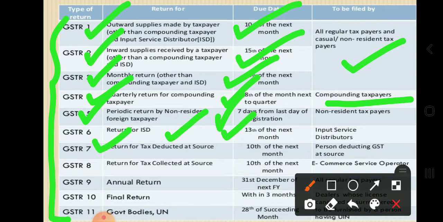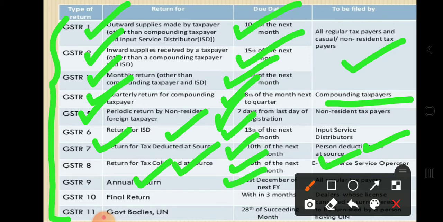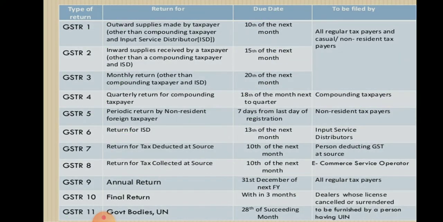Due date is 10th of next month and it is to be filed by a person deducting GST at source. GSTR 8 is the return for tax collected at source, to be filed by the 10th of next month by the e-commerce service operator. GSTR 9 is the annual return, to be filed on 31st December of the next financial year, and filed by all regular taxpayers.